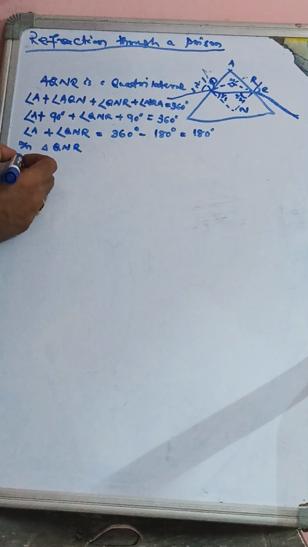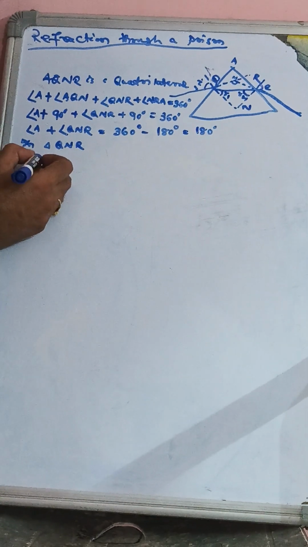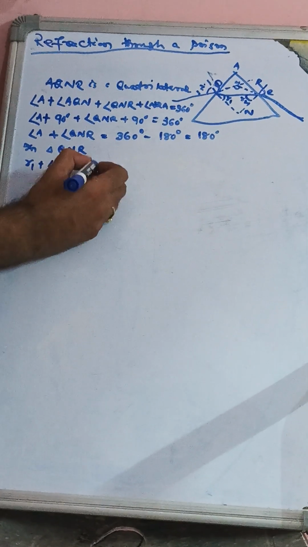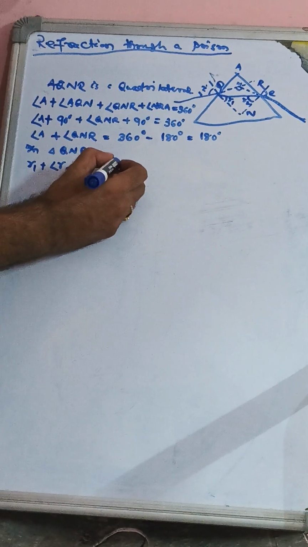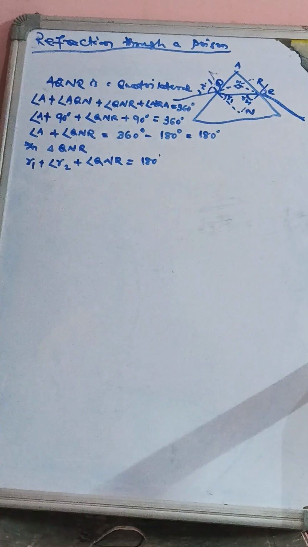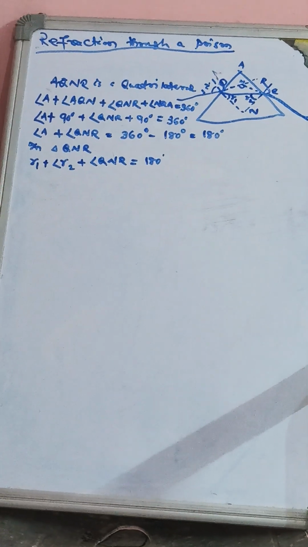In triangle QNR, R1 plus R2 plus QNR is equal to 180 degrees.